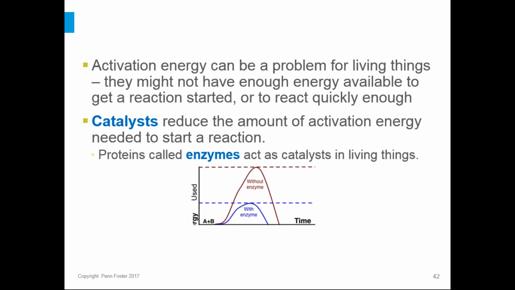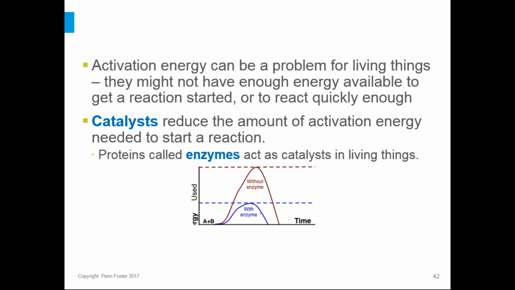So this graph shows an example of the activation energy needed to start a reaction. So this red line, the tall one, this would be how much energy would be needed to start the reaction without a catalyst.